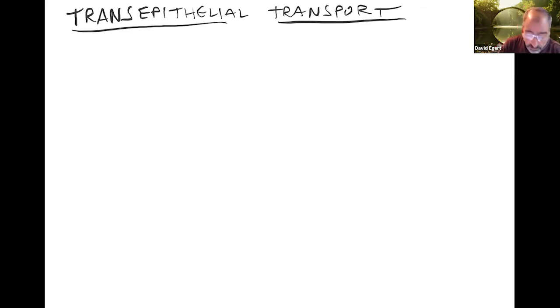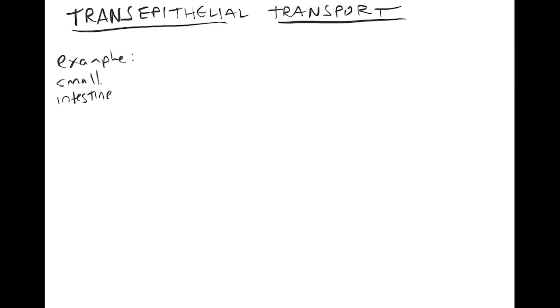So for our example, let's do an example in the small intestine. Anybody who's been in anatomy, what kind of tissue lines your small intestine? Is it stratified squamous? Not stratified squamous. Simple. What's that?